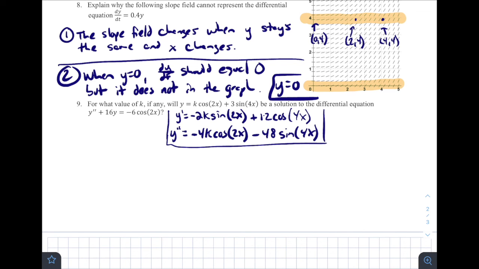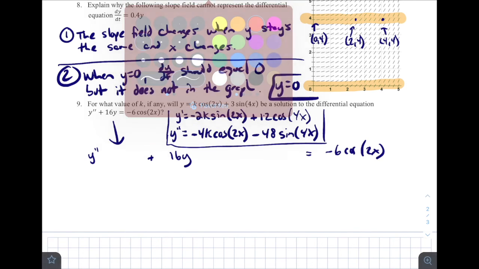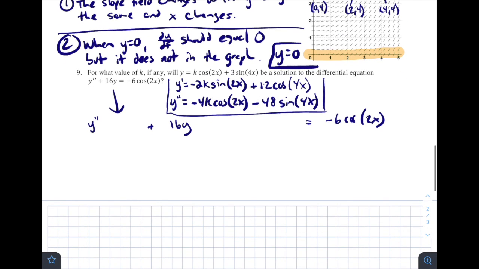So what I'm going to do is take what we've got here and plug in. I've got y double prime plus 16y should be equal to negative 6 cosine of 2x. If we substitute in for those, our y double prime is this. So that's going to be negative 4k cosine of 2x minus 48 sine of 4x.